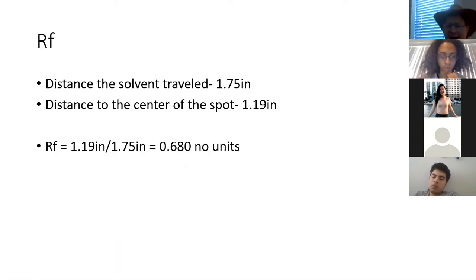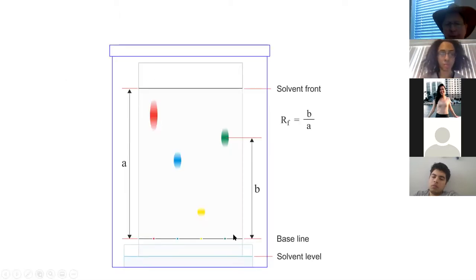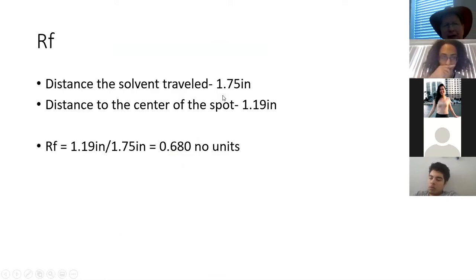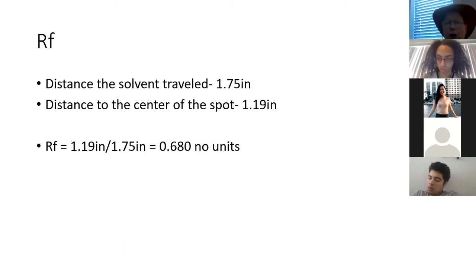I'm going to divide that by the distance from the origin to where the solvent moved. Say the distance my solvent traveled was 1.75 and the distance to the center of my spot was 1.19 inches. All I have to do is divide the 1.19 by 1.75. Inches cancel, so RF has no units. That is what the answer is.